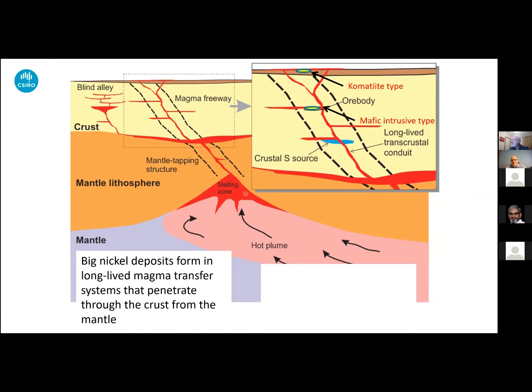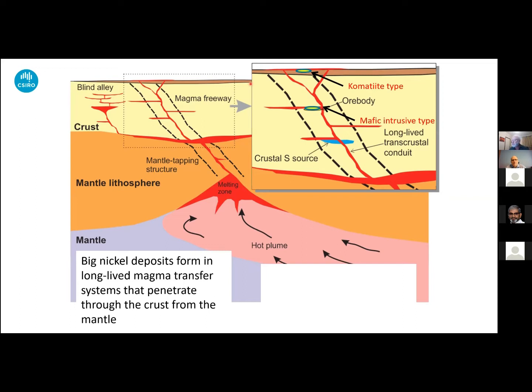So magma is funneled up through the crust along some sort of pre-existing control, typically at craton margins, and then ore deposits form essentially within the plumbing at pretty much anywhere in the crust. We can get deposits formed deep down in the crust, in the mid crust, in the upper crust, and in the case of komatiites, right on top of the crust.